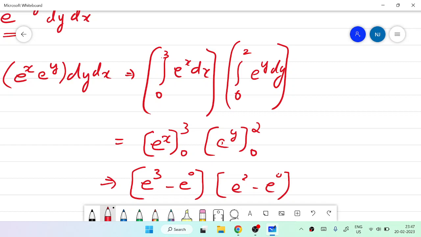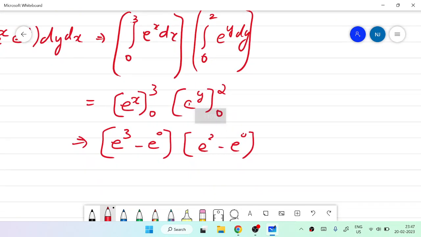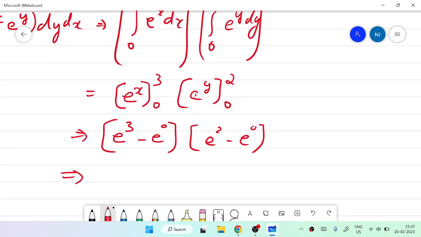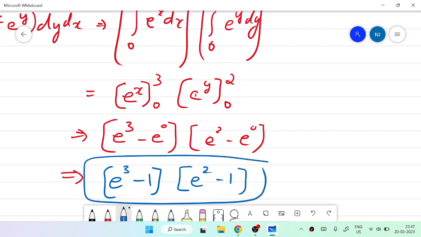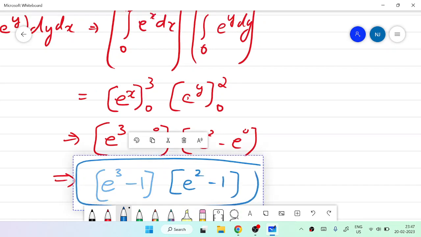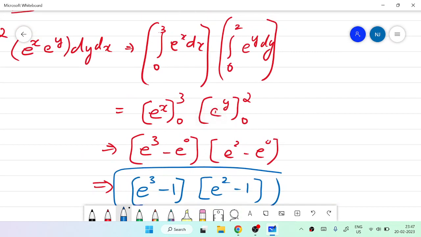Then e power 0 value is what? 1. So it will be e power 3 minus 1 into e power 2 minus 1. Understood? This would be the value of the integration.